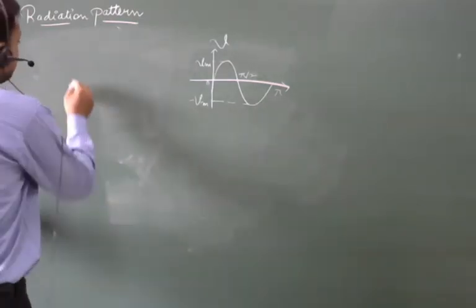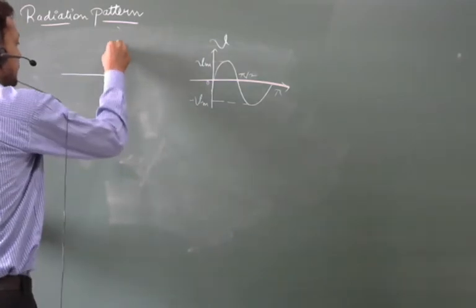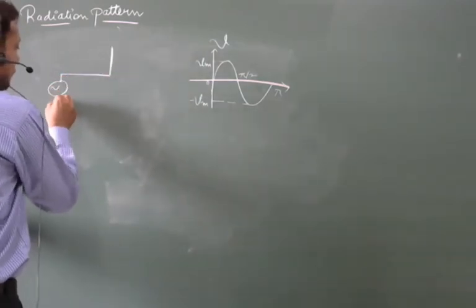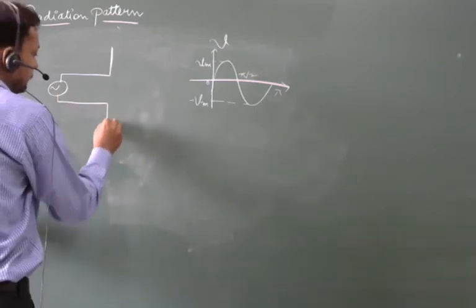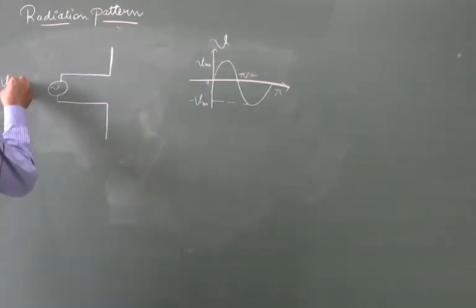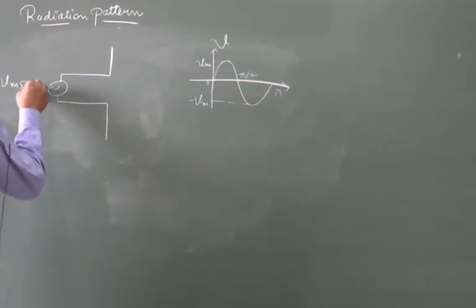We have the wire bent like this, the upper and the lower wire. So we have bent the wire 90 degrees. Again the potential V is equal to Vm sine omega t.